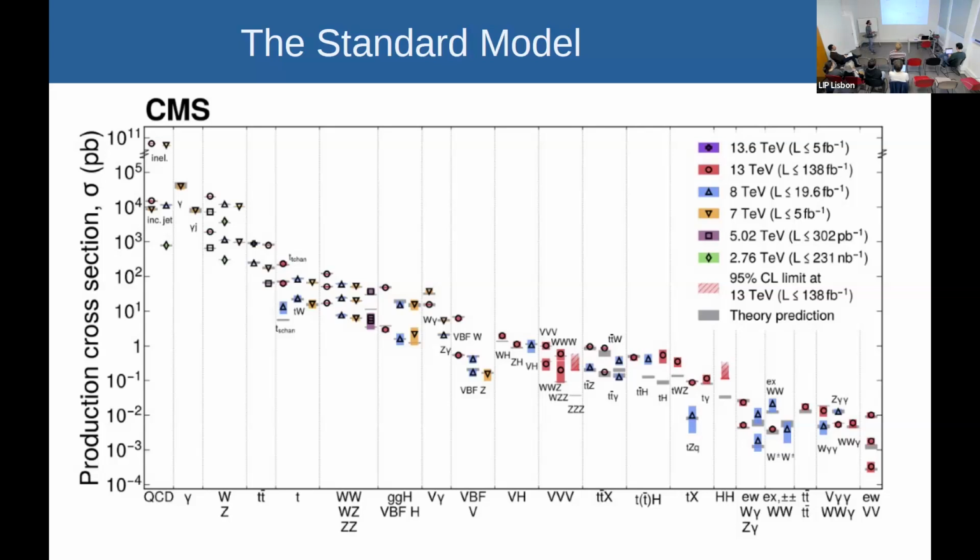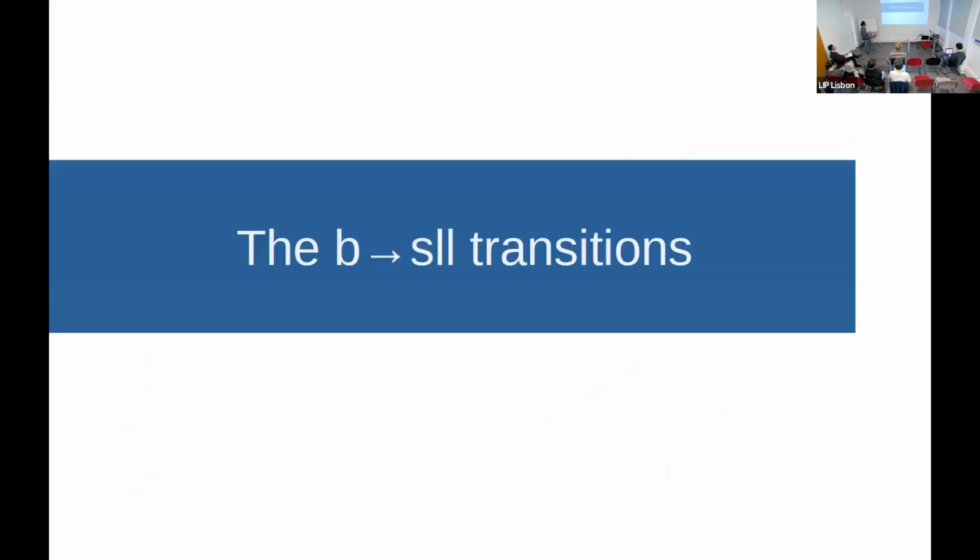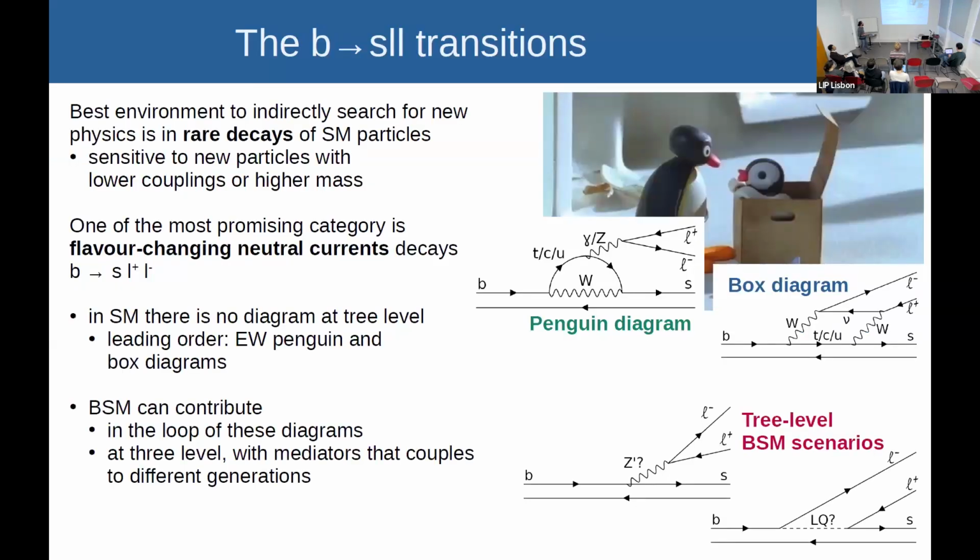So we have to rely on indirect searches in order to start to find hints, evidences for where to look. And one very good environment where we can do this kind of indirect searches is the B to SLL transitions.